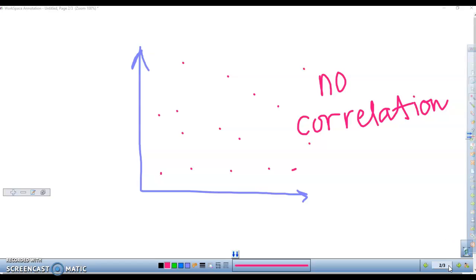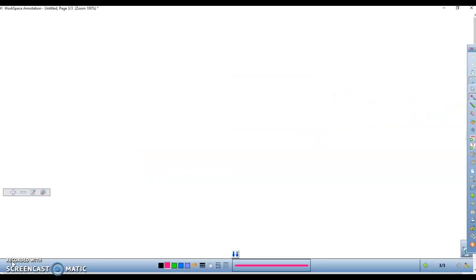Okay? When we also talk about correlation in graphs that actually do have that correlation, there's different types beyond positive and negative. So those four types being perfect, strong, moderate, and weak. And how strong or perfect or weak a correlation is really depends on how close the dots are together.